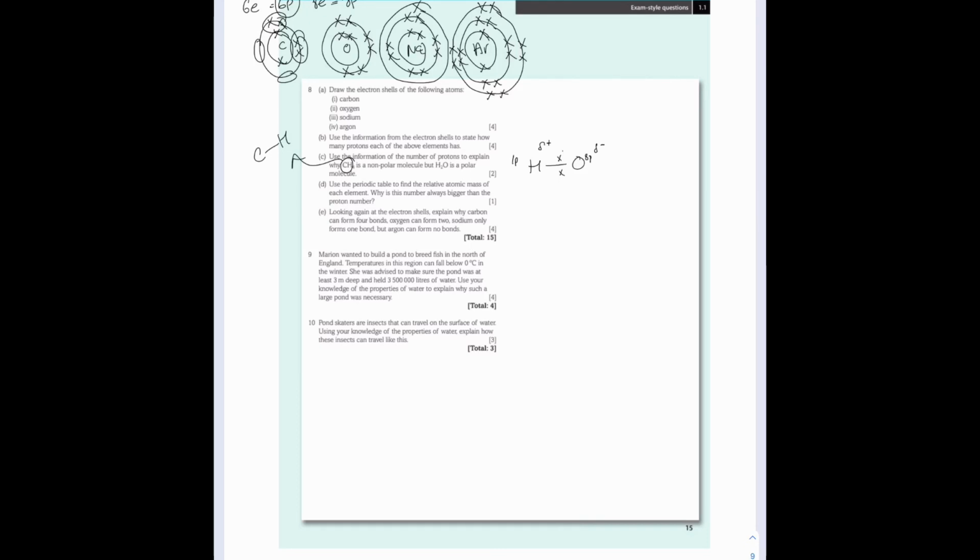And sodium would lose 1. It won't gain 7 because again it's a metal, and metals lose electrons, and so it will only need to lose 1 to go back to its second shell, which has 8. And argon is already full because it's in group 8, and so it will not form any bonds, and so it's unreactive or inert.